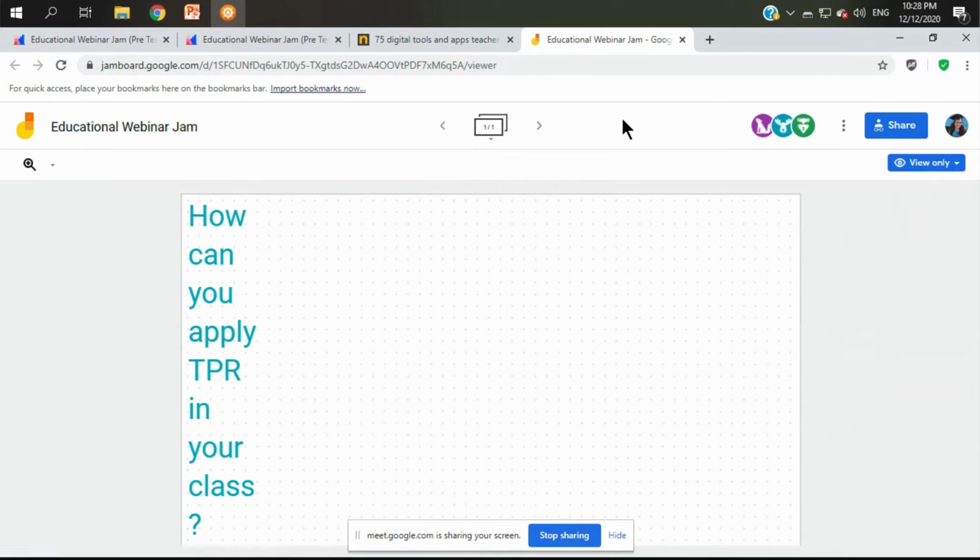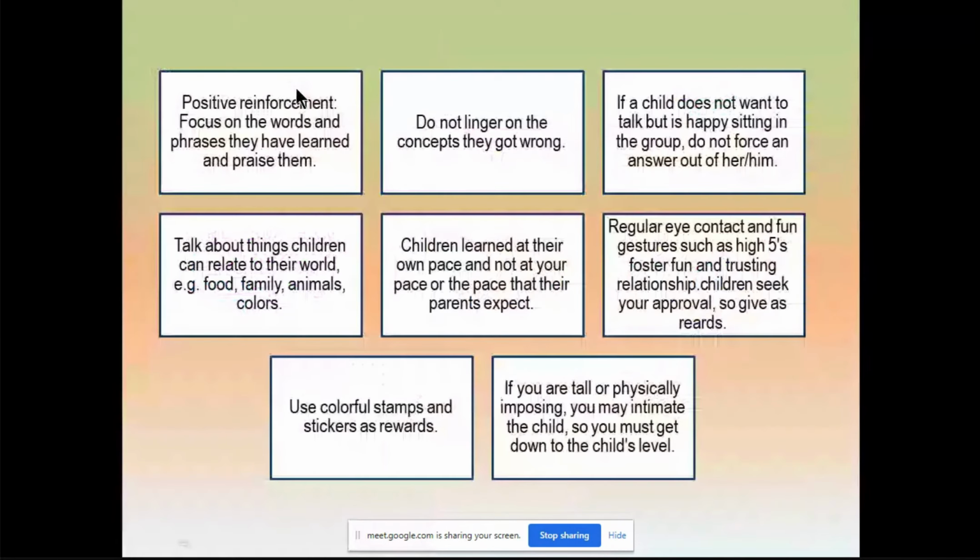Anyway, I'll send you a more accessible one. But this is how the educational Jamboard will look like. So I think I've already wrapped it up with this one.